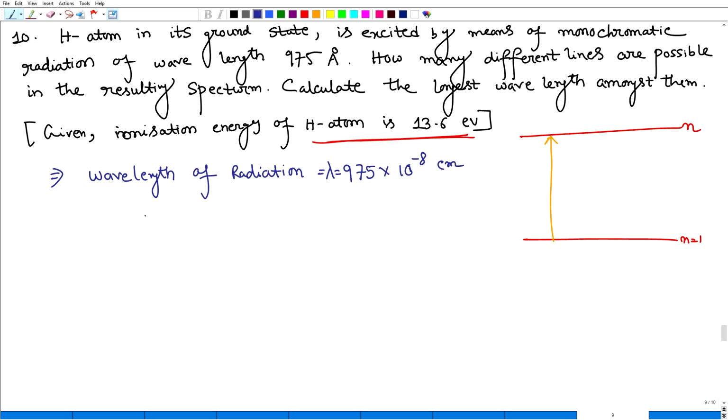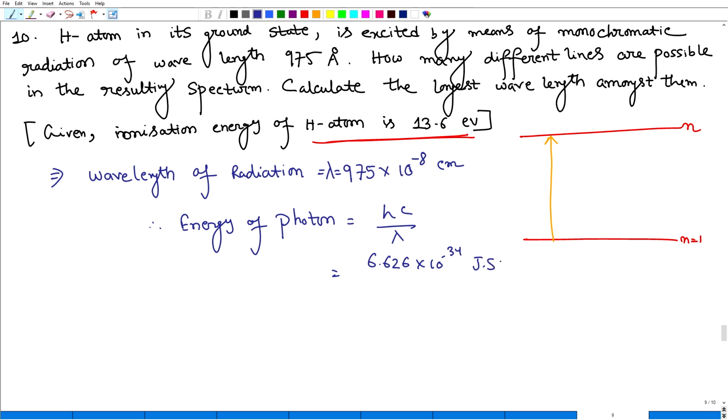So what will be the energy of photon? That is essentially hc by lambda, we know. So now we have to just calculate what will be the hc by lambda. I am doing it in steps, maybe there is a mistake. h in joule second, c is 3 into 10 to the power 8 meter per second, and lambda is 10 to the power minus 8 meter.